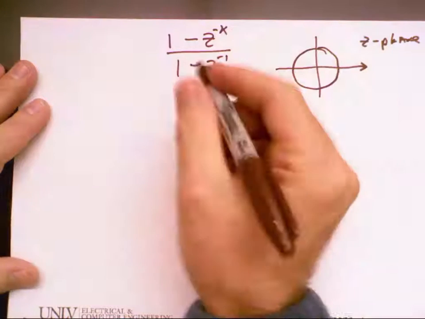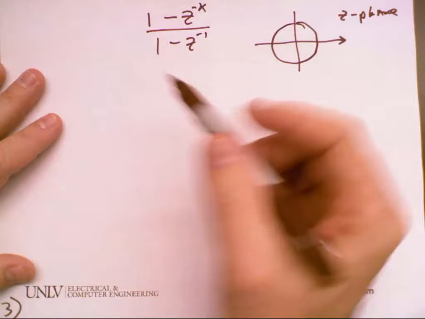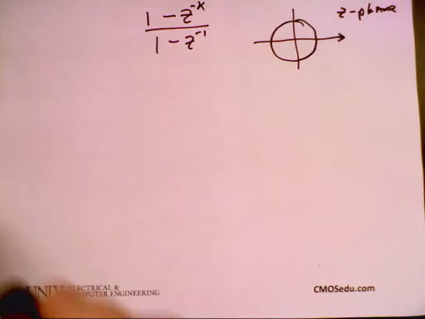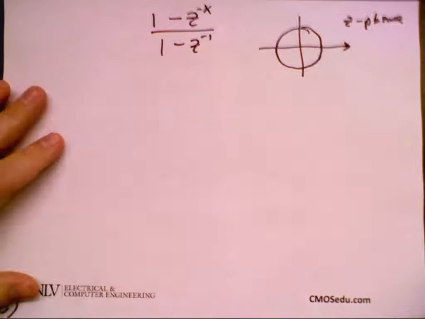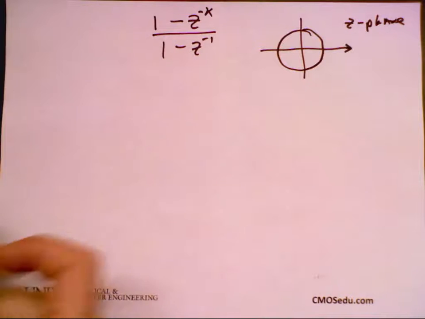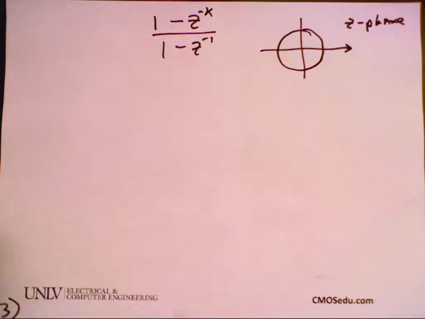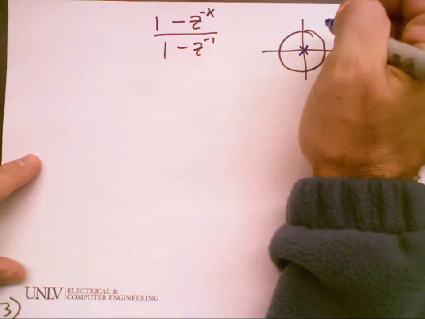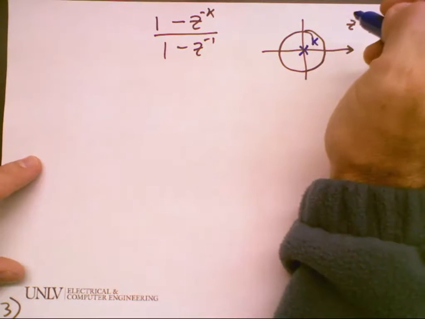Okay, so help me out here. What is 1 minus z to the minus k also known as? Comb filter. So where do I put the poles and the zeros? Yeah, so I have poles right here, and I have how many? And then where are the zeros?